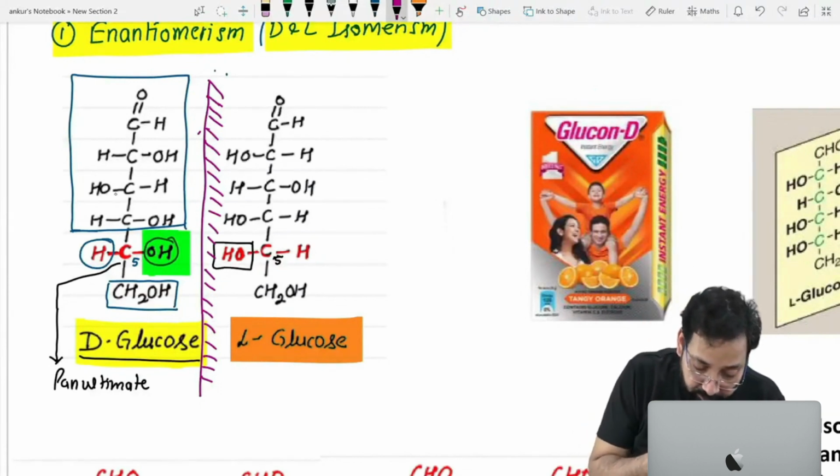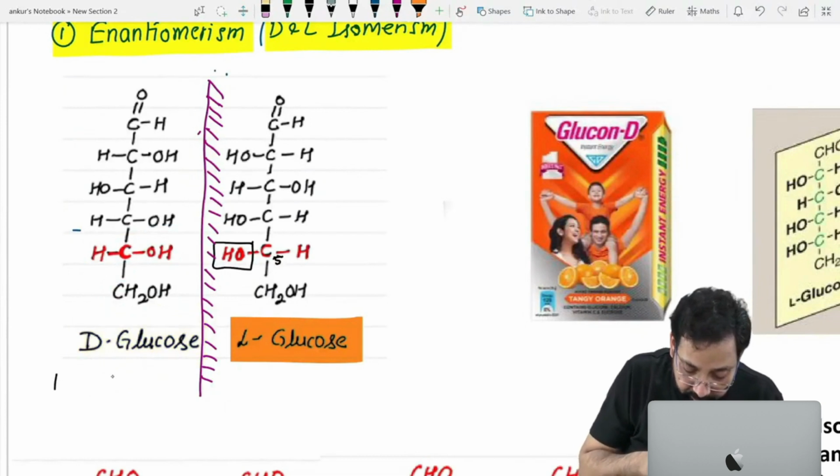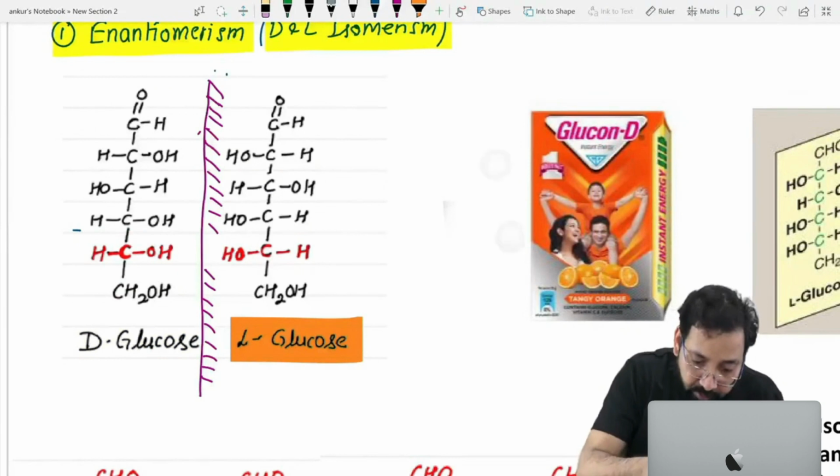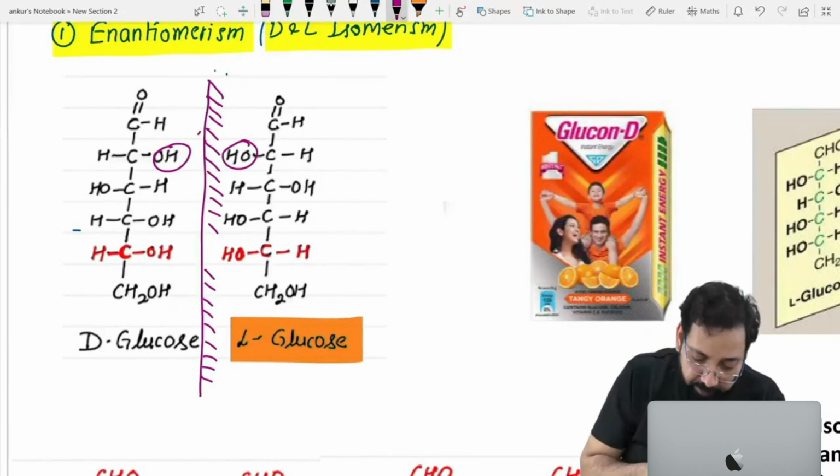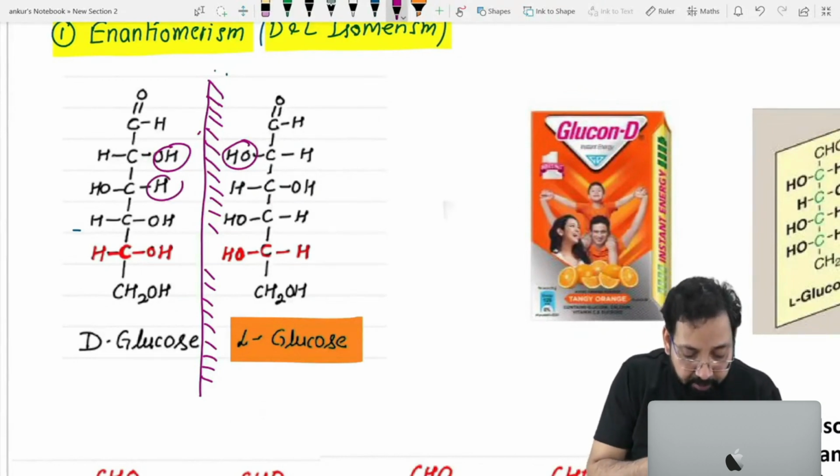Look at the screen and see. In this, OH is on the right side, in this OH is on the left side. Mirror image.